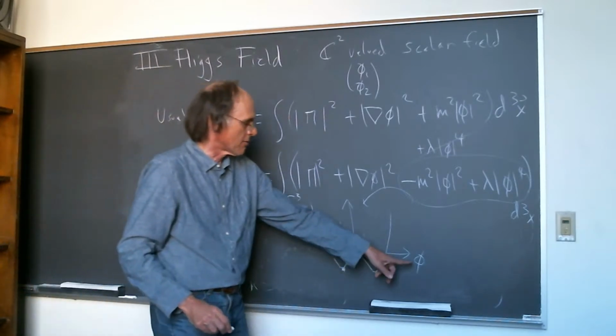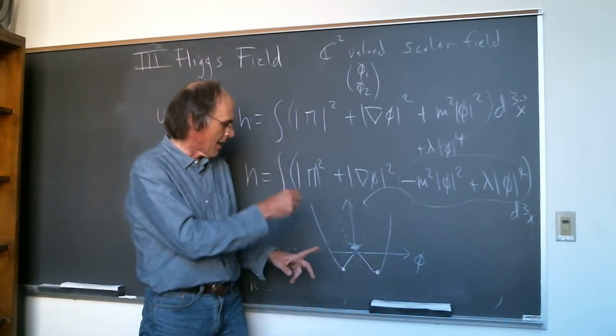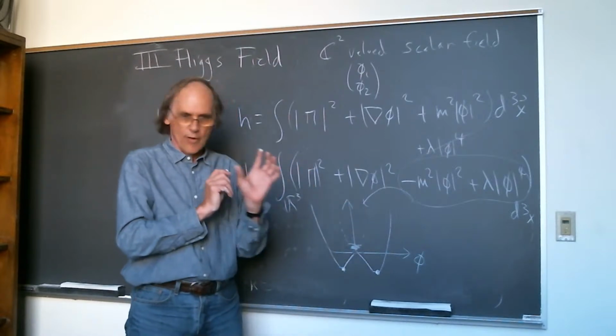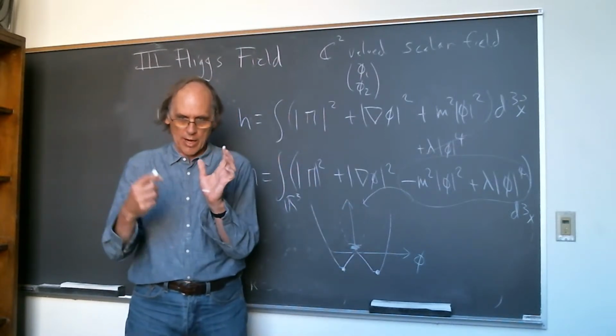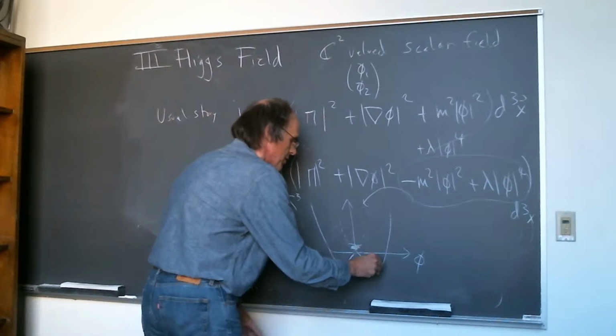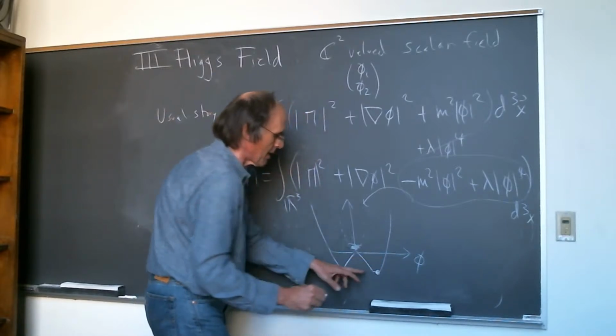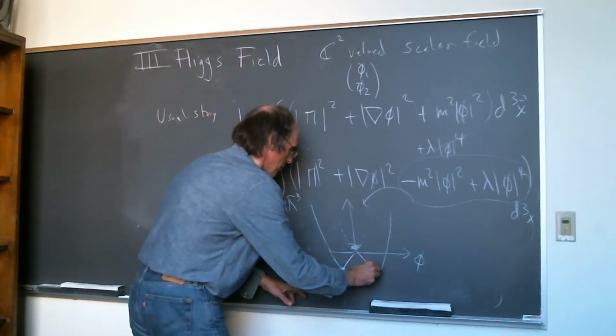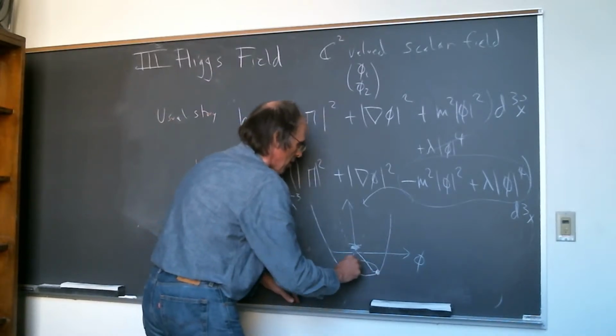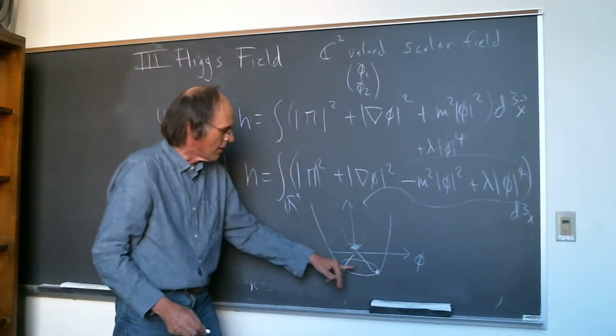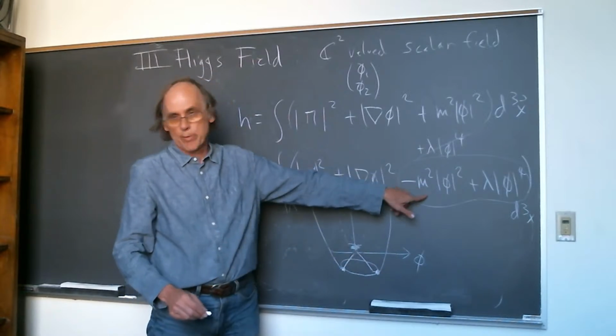And also, remember, I've suppressed that this phi is complex and has various directions it can go. So the minimum is not going to be a single point; there's going to be a whole bunch of minima, which are the minimum values of this potential.